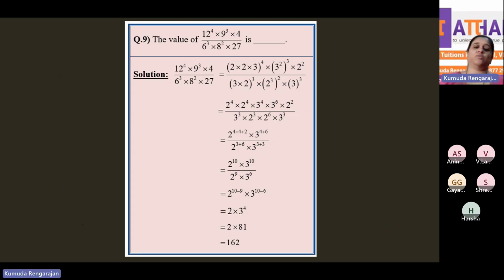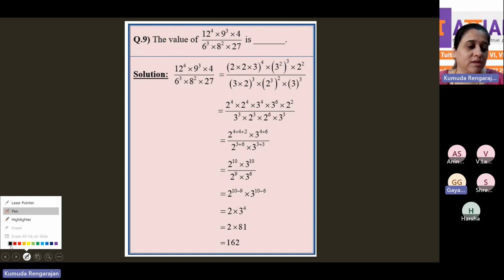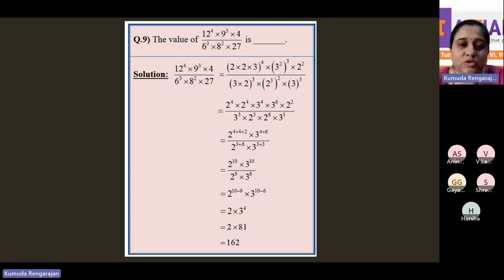Okay, this I have to tell you. Here, children, you need to write the numbers as a product of their prime factors. So 12 should be written as 2 into 2 into 3, because 12 is 2 6s, 6 is 2 3s, and 3 is 3 1s.